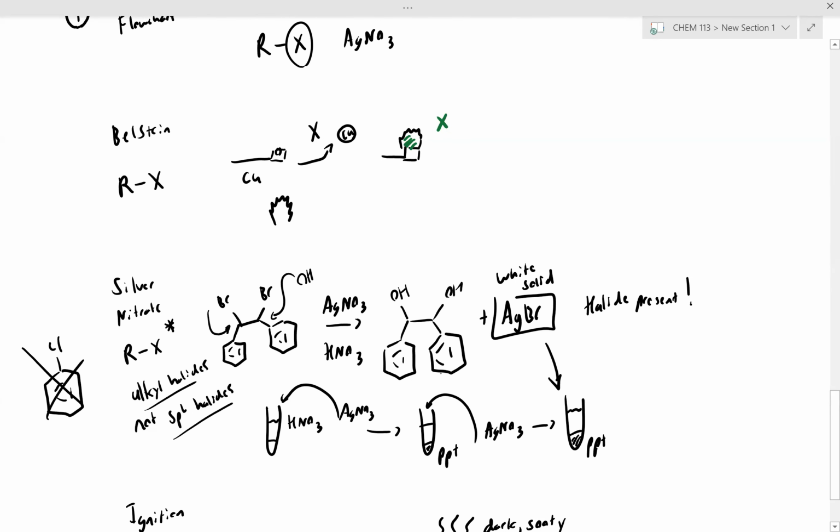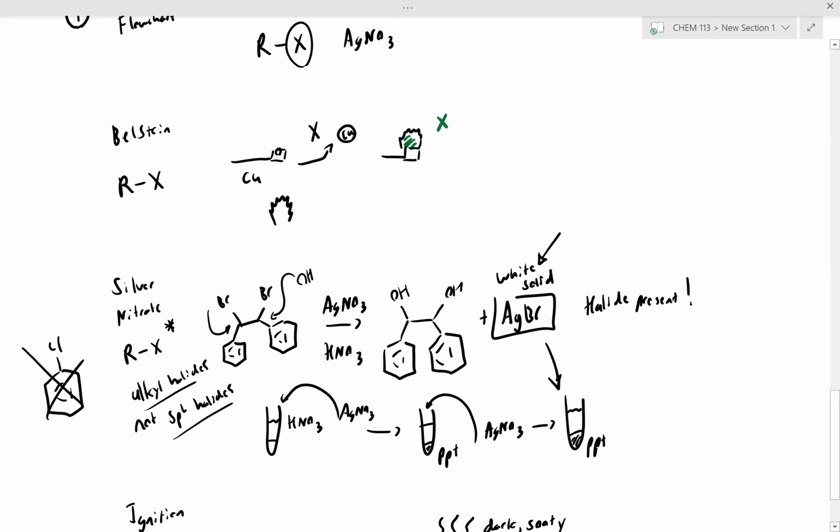Now, you may say, why don't we just detect for this alcohol? Well, the silver nitrate and nitric acid will usually cause further side reactions. However, when the silver nitrate reacts with our alkyl halide, we generate a silver halide, in this case, silver bromide. This is a clearly identifiable white solid, and this precipitate is a clear sign that an alkyl halide is present in our organic compound.